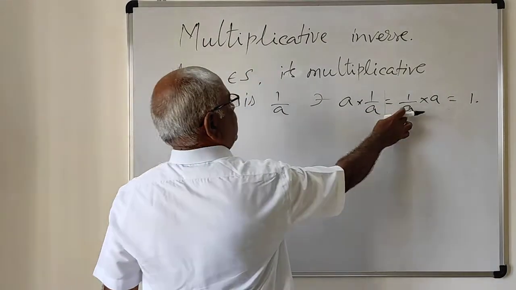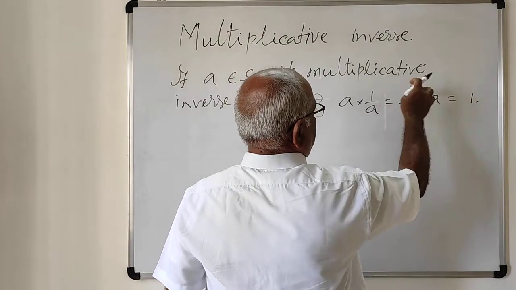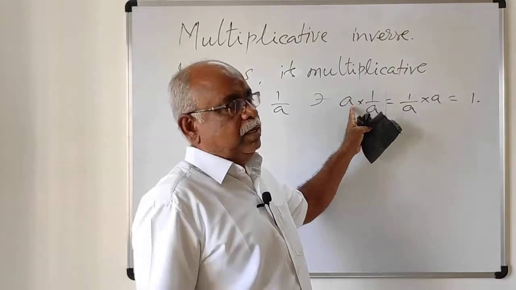So 1 by A is the inverse element of A, or A is the inverse element of 1 by A, whatever it may be. The operation is the binary operation multiplication.